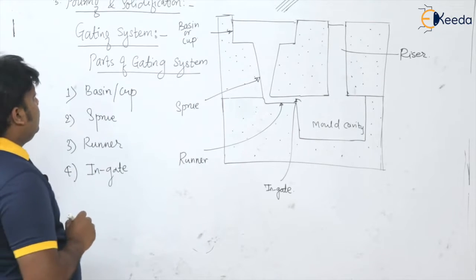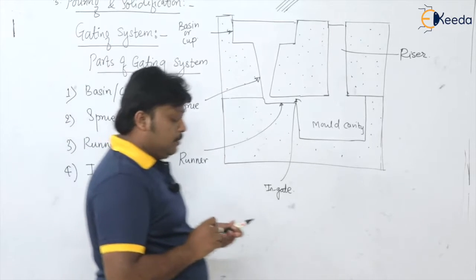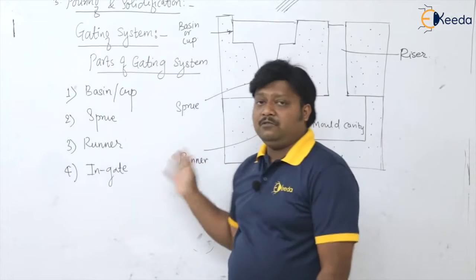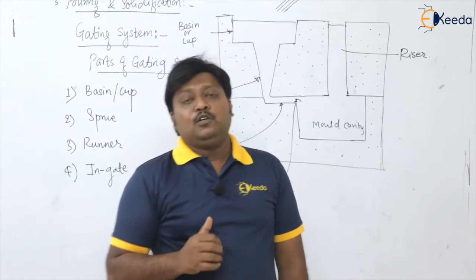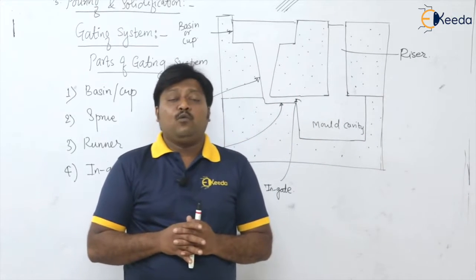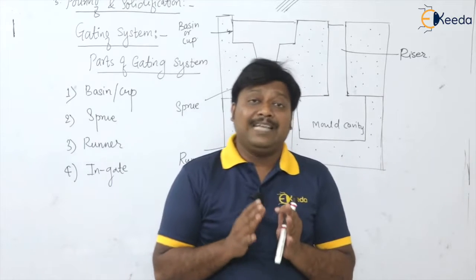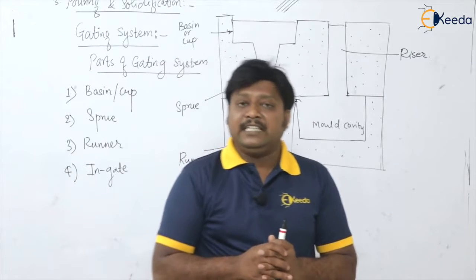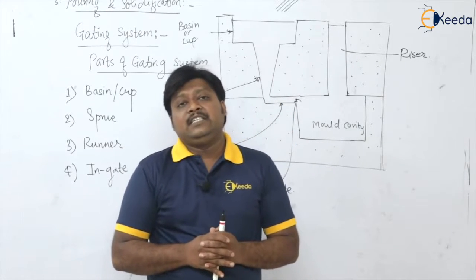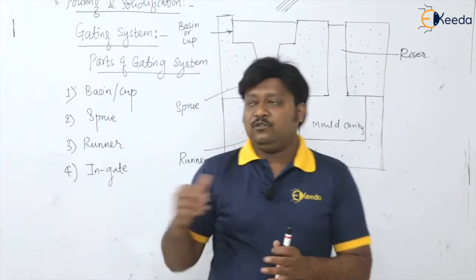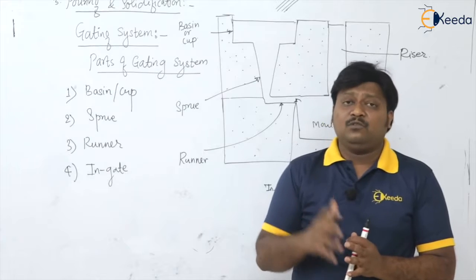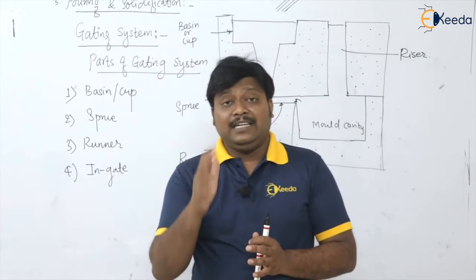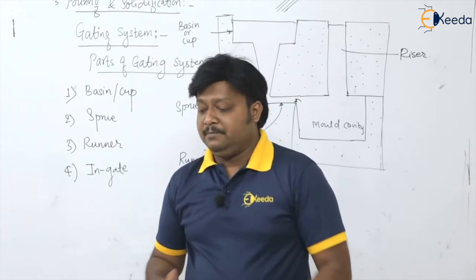We will discuss this afterward. But before going into the details of the gating system, we should first understand what the characteristics of a good gating system are. Next, we will list out the various characteristics of a good gating system.